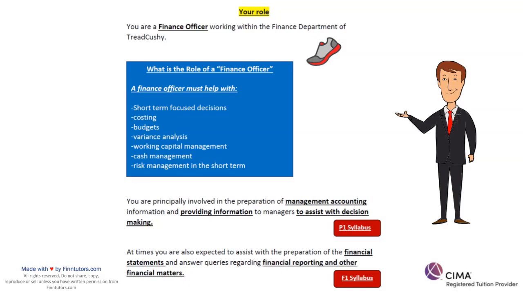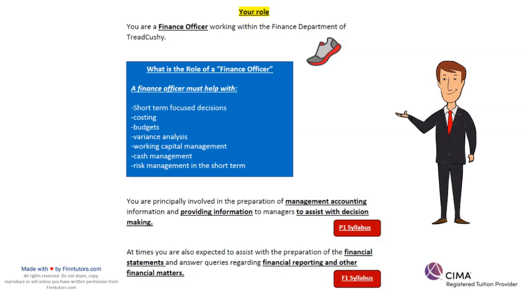That is why we say when you are taking a case study exam, it's an amalgamation of your E1, P1, and F1 material plus the pre-seen material that CIMA releases. You are principally involved in the preparation of management accounting information and providing information to managers to assist with decision making.